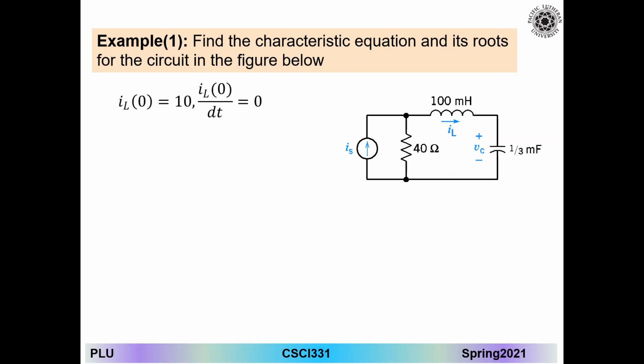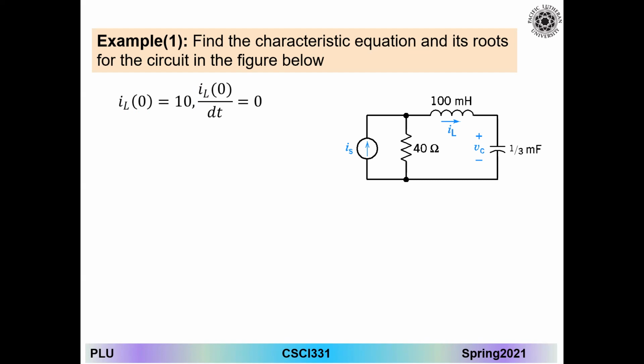The second point: look at what I am asked to find and at my initial conditions. Since I have two unknown parameters, I need two initial conditions instead of one. So I have here the iL, the current through the inductor, and its first derivative.